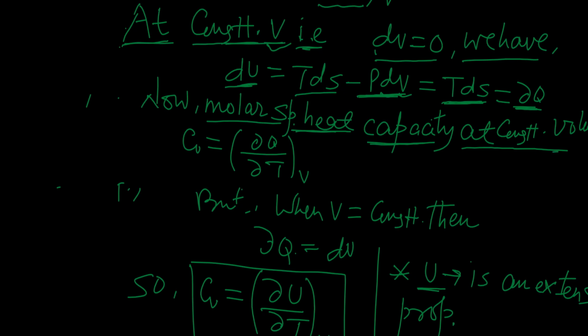How do we define it? We define it as del Q by del T at constant V. This is just the basic definition of the molar specific heat capacity at constant volume.